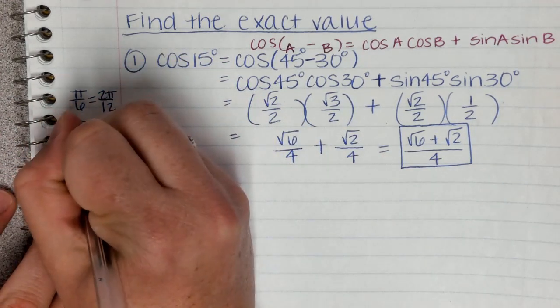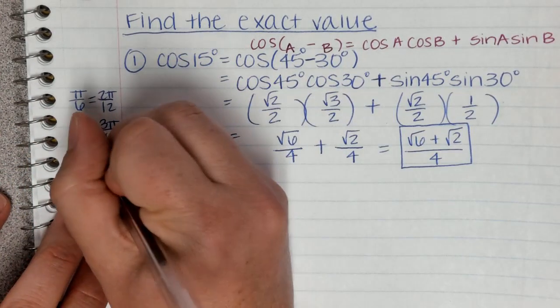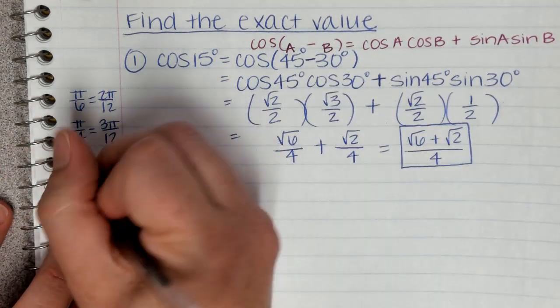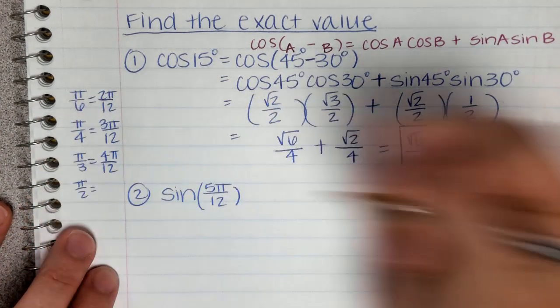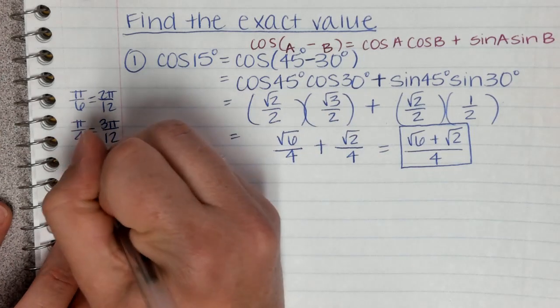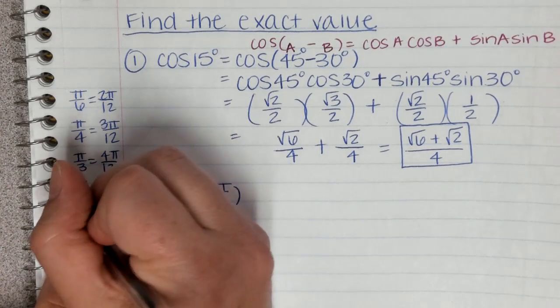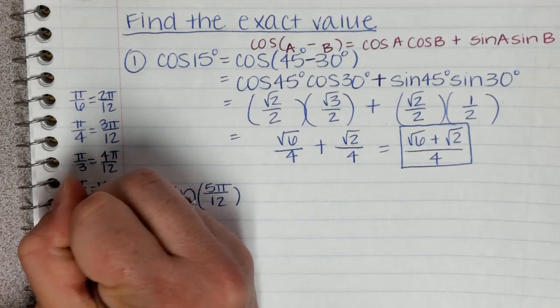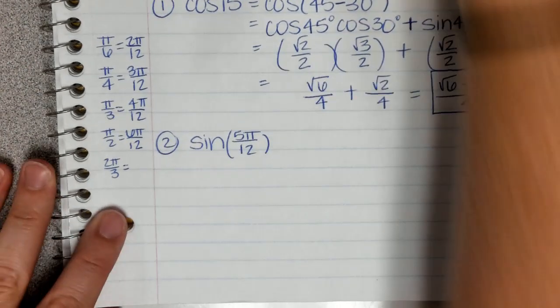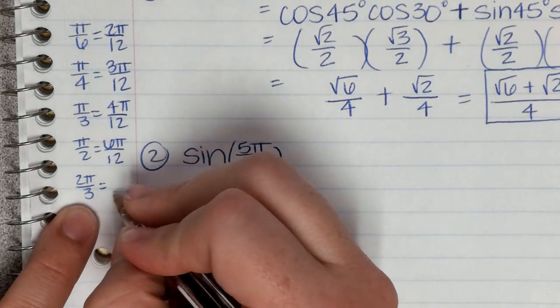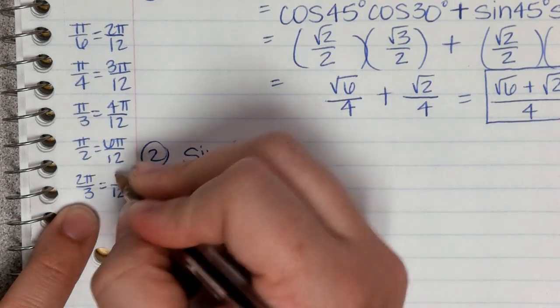Pi over 3 is 4 pi over 12. What about pi over 2? That's 6 pi over 12. So you can do any combo here. Let's keep going. 2 pi over 3: 3 times 4 is 12, 2 times 4 is 8.